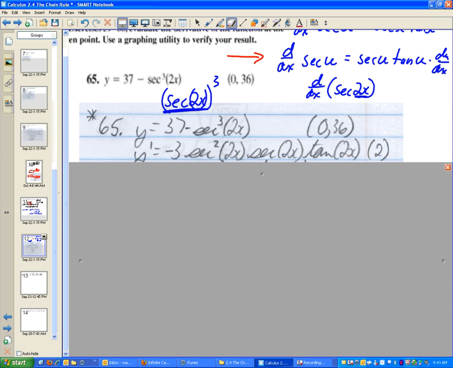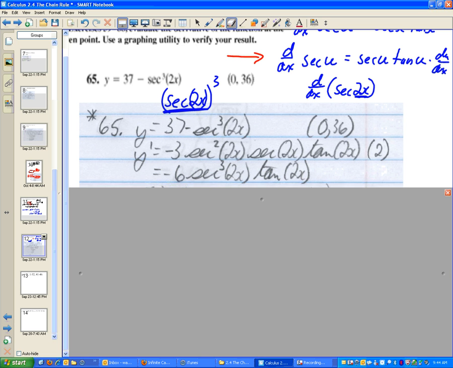This is a big deal. Okay, so you guys with me? All right, let's see. 2 times negative 3 is a negative 6. A secant squared of 2x times a secant of 2x would be secant cubed of 2x times the tangent of 2x.